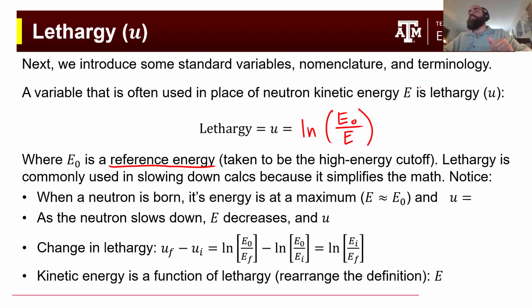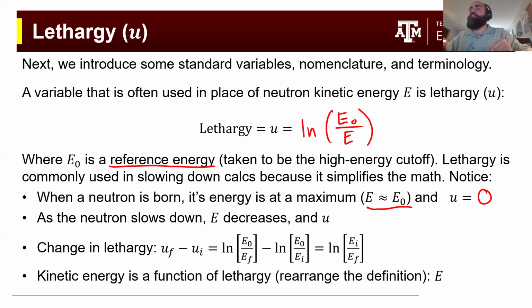We use the lethargy scale because it simplifies math and is very useful for doing slowing down calculations. It also agrees with what we talk about with the neutron life cycle. When the neutron is born, its energy is at a maximum, so the energy E is approximately E0. If E equals E0, then we have ln of 1, and ln of 1 is 0, right? So the lethargy u is 0 when the neutron energy is at its maximum.